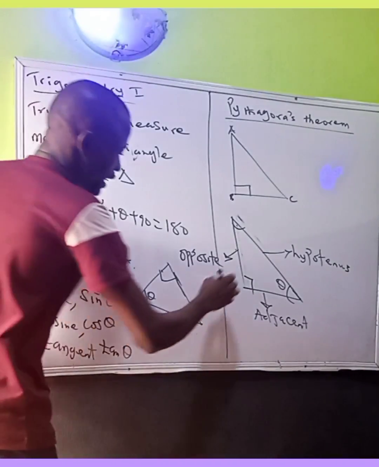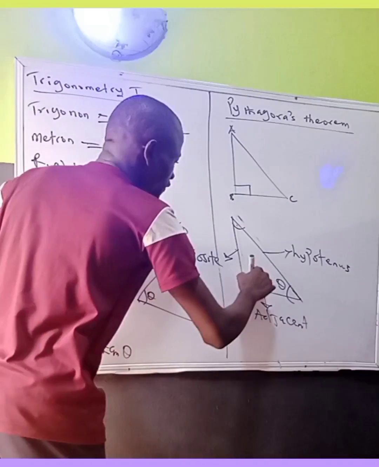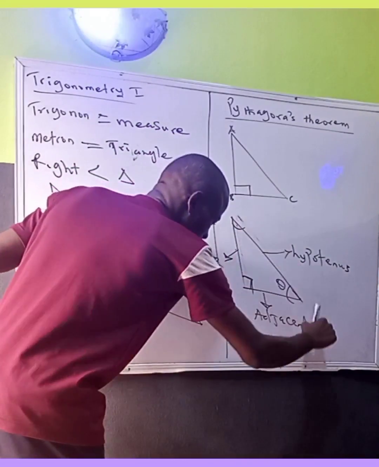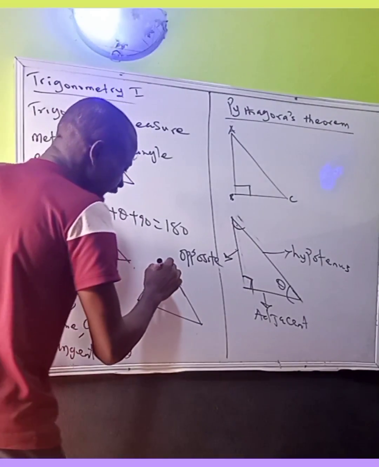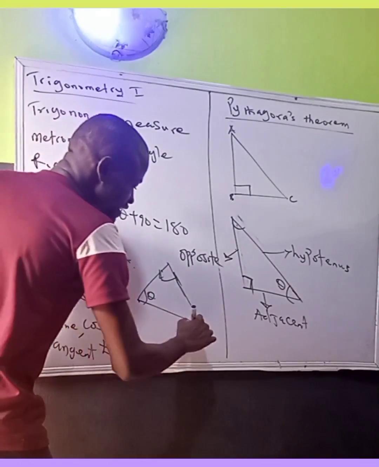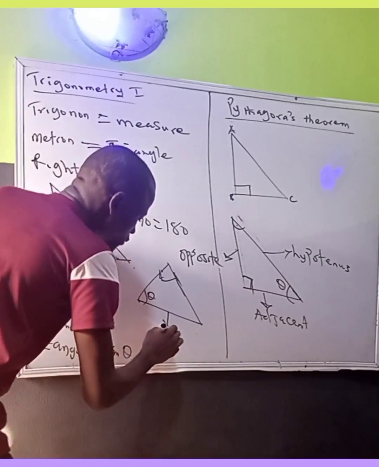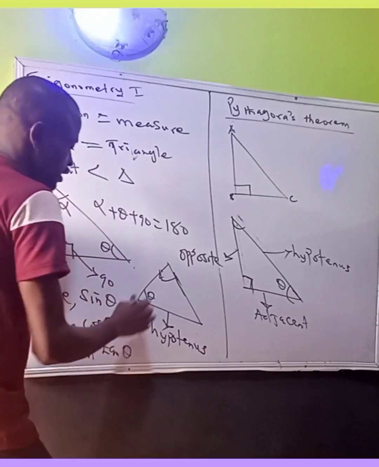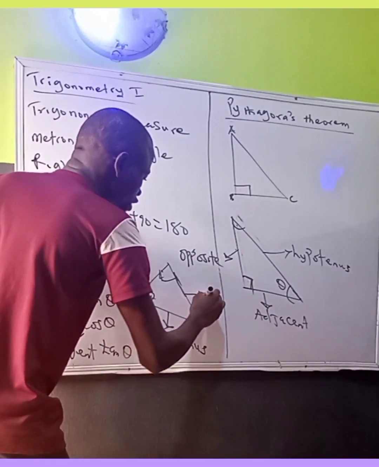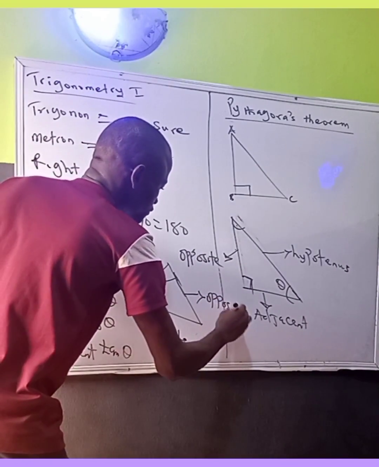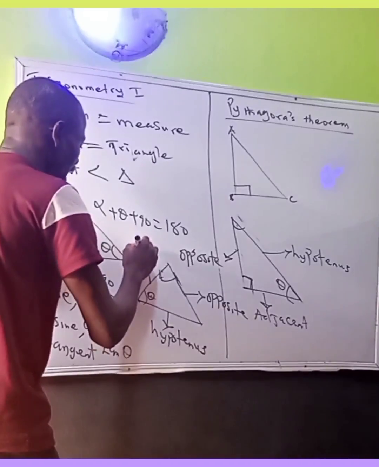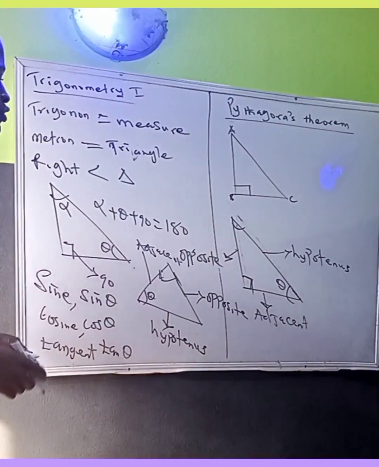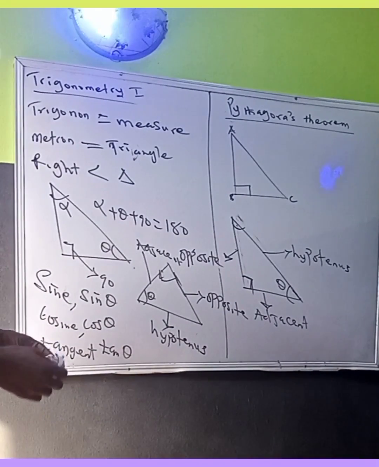Look at the angle 90 here. It does not touch this line, so this line automatically becomes my hypotenuse. The side this angle is facing becomes the opposite, and this side becomes my adjacent. So we have to take down some very important notes.